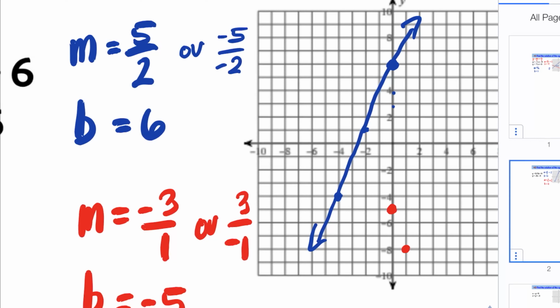Also, we can go 3 up and 1 left, 3 up and 1 left. So this means that the second equation will meet or intersect the first equation at this point, negative 2, positive 1.